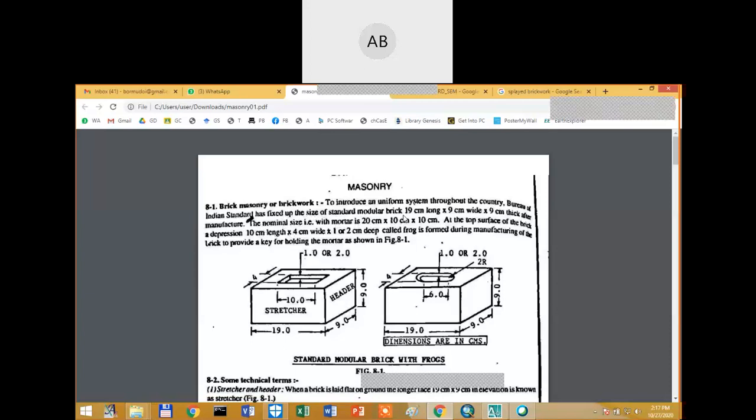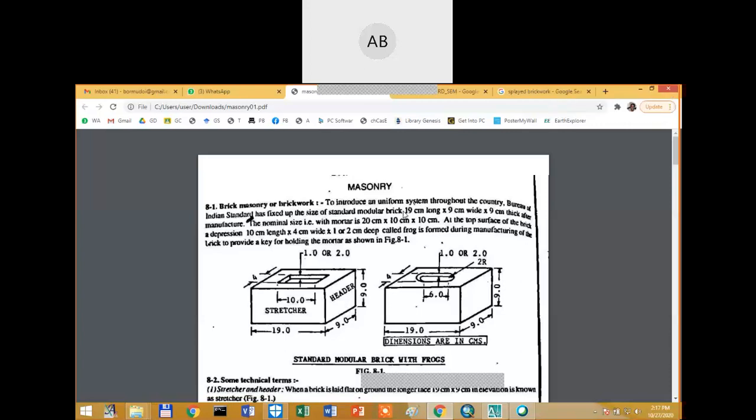So what is the size here? The size is 19 centimeter long, 9 centimeter wide, and 9 centimeter thick. You have to remember this all your life. Wherever you go, this is a very preliminary question that may be asked in your Viva also.